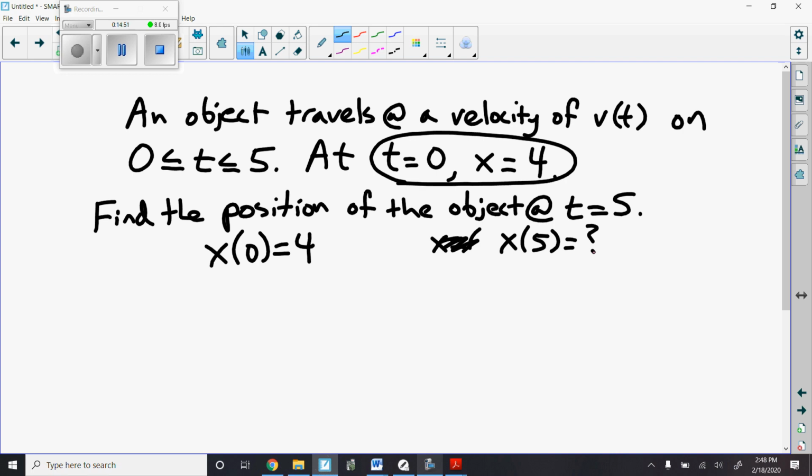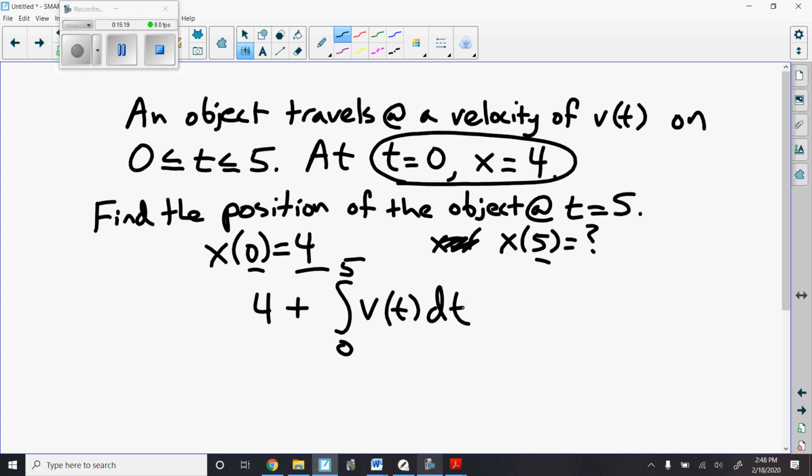Again, this is a question of displacement in reference to my initial condition. So just like in our day 51 notes, I'm going to take my initial condition plus the integral from the number I have to the number I want of v of t dt.